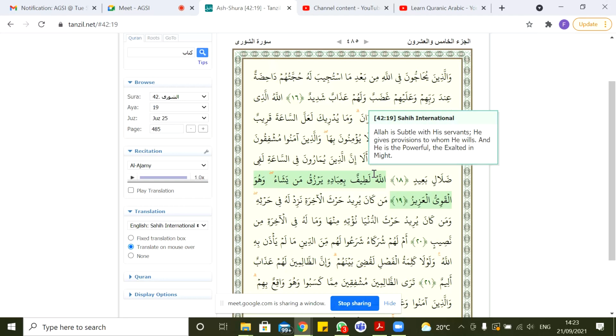Mawsuf sifa, which we said we cannot have here. What other idafa fragment? Does it look like an idafa fragment to you? No, it's definitely not. The third one was ismul ishara and musharun ilayhi. Do we have that here? No. So we do not have a fragment here. There are two separate isms.